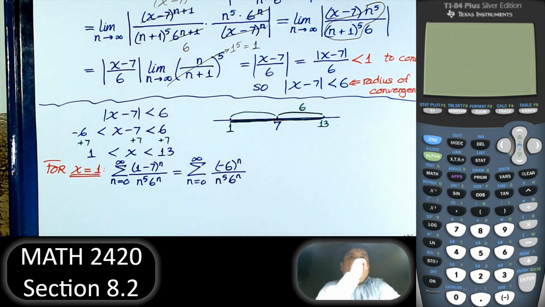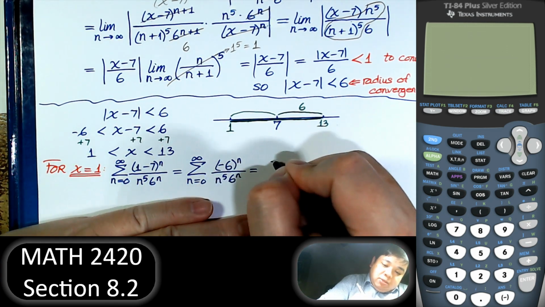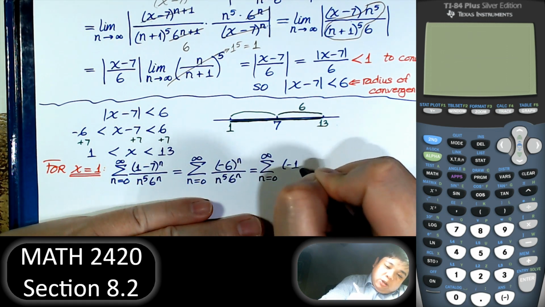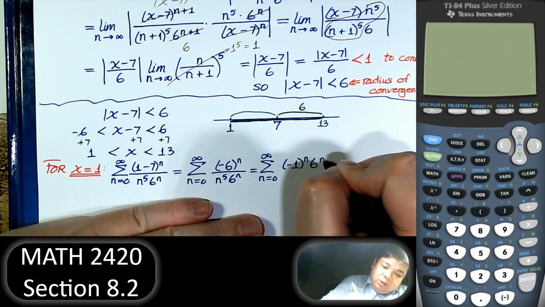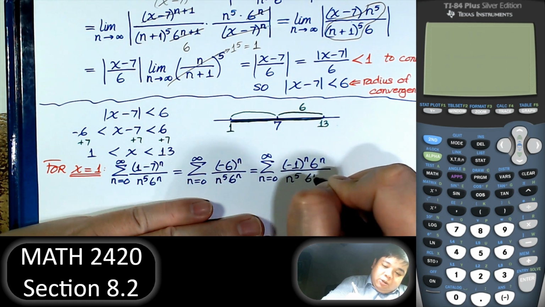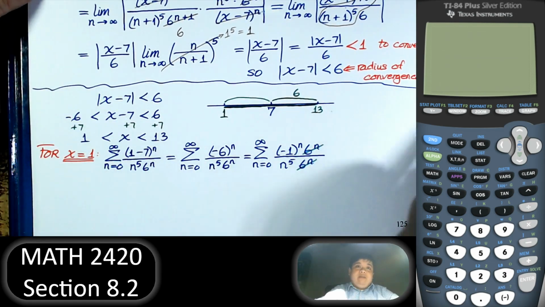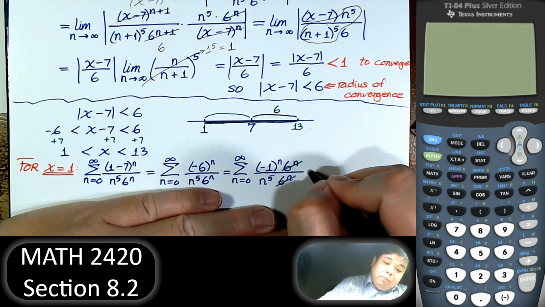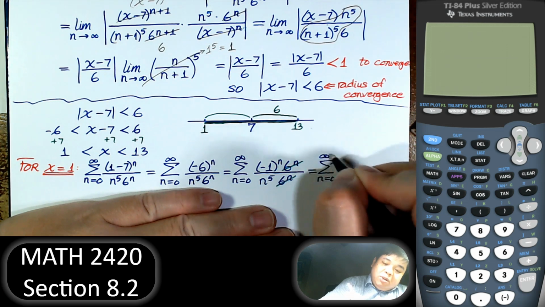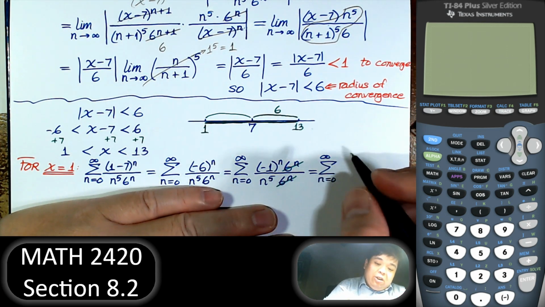I can split that as negative 1 to the n, and then 6 to the n over n to the 5th, and the 6 to the n cancel out. And this is actually not just a p series, but an alternating p series. So this is definitely convergent.